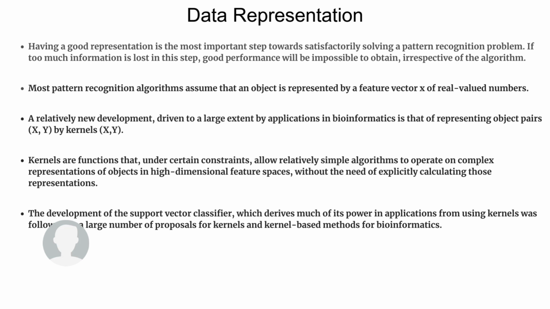Kernels are functions that, under certain constraints, allow relatively simple algorithms to operate on complex representation objects in high dimensional feature spaces and don't need to calculate those representations explicitly. Moreover, the development of the support vector classifier, which derives much of its power in application from using kernels, was used in a large number of proposals for kernel and kernel-based methods for bioinformatics.